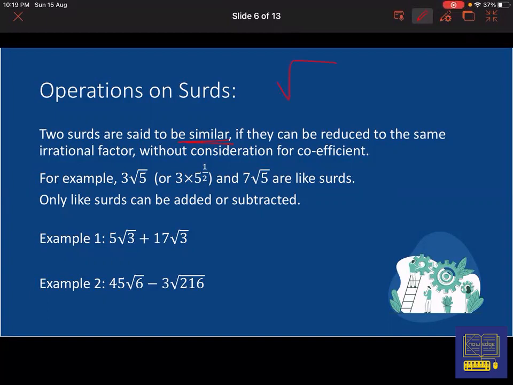For example, if I have 3 root 5 and let's say 2 root 7, then these are not similar surds, because the radicand is not the same, right? This is 5 and this is 7. But if I had 3 root 5 and let's say 7 root 5, then these are similar because it's root 5 and root 5.